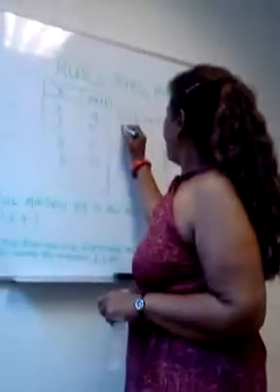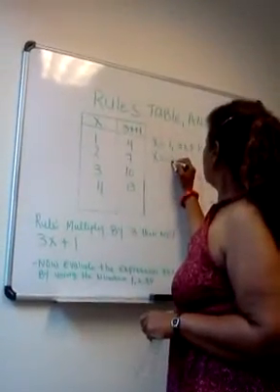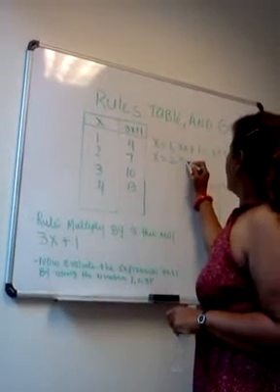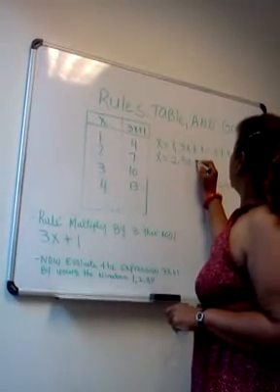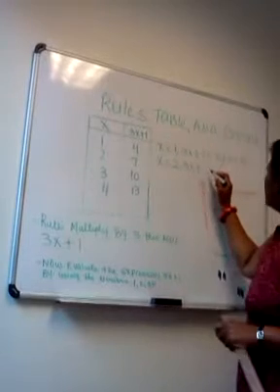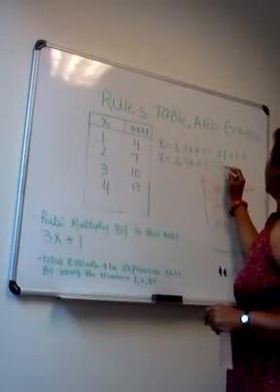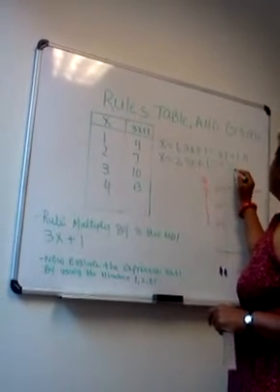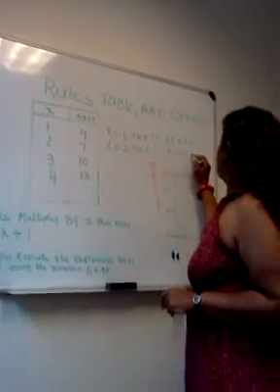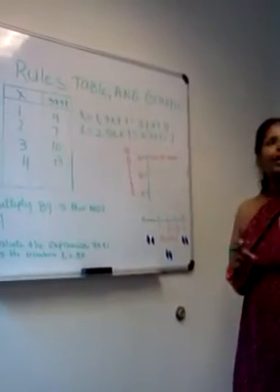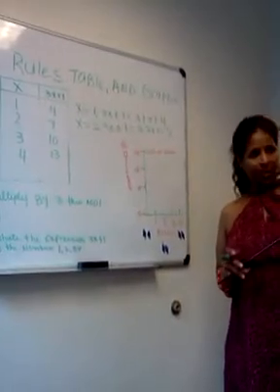We're going to say x equals 2, and then we say 3 times x plus 1 equals 3 times 2 plus 1 equals 7. Any one of you can raise your hand.